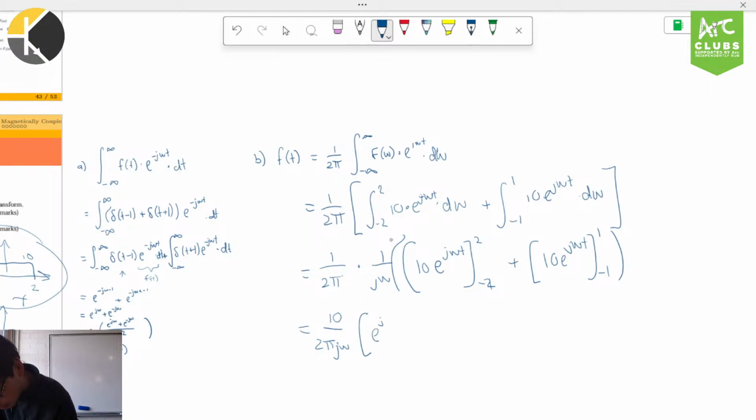So we have e to the j omega j t times 2, because we're integrating with respect to omega in this case, minus e to the j t minus 2. Cool.